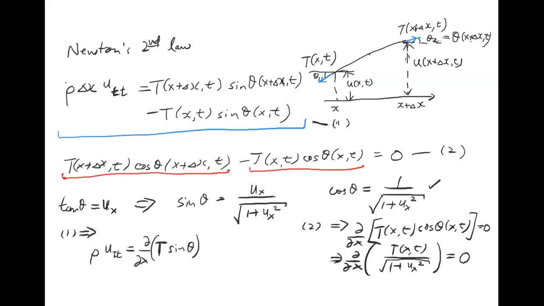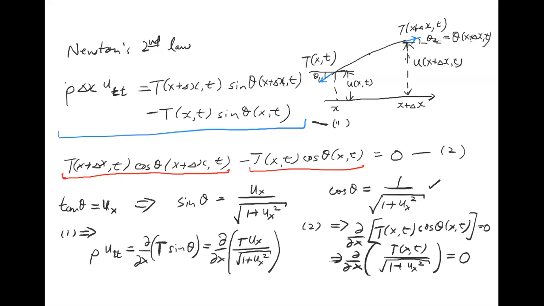So putting in sine theta here, it will be the partial with respect to x of T u sub x over square root of 1 plus u sub x squared. Okay, it looks complicated at this point, far more complicated than before. But these are the two equations we get.